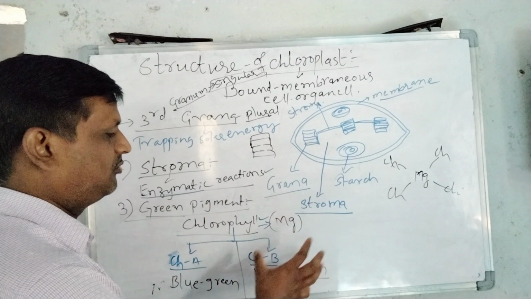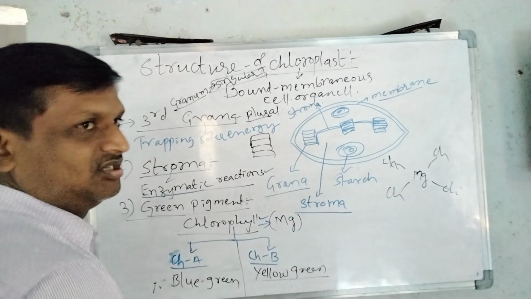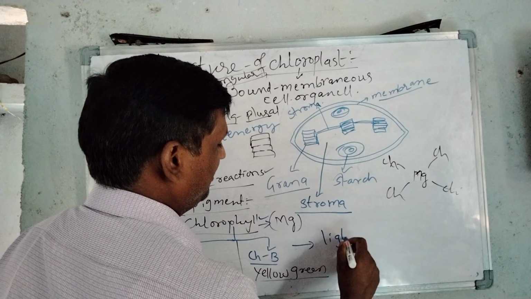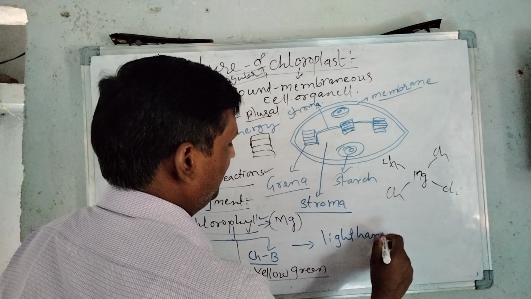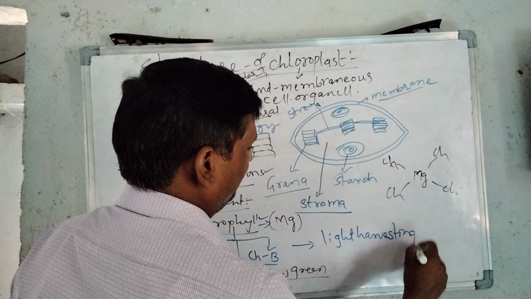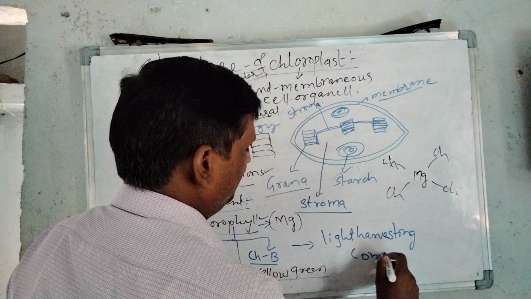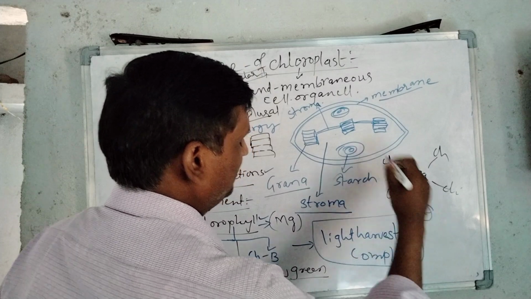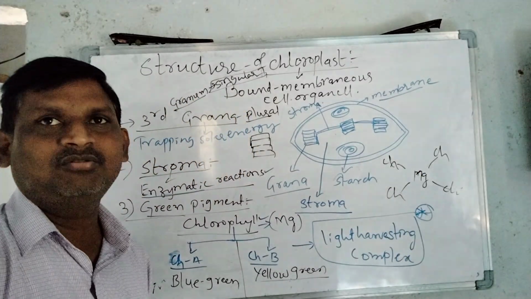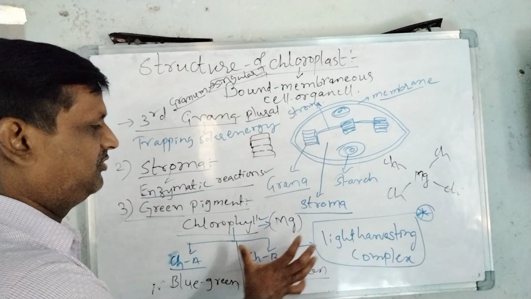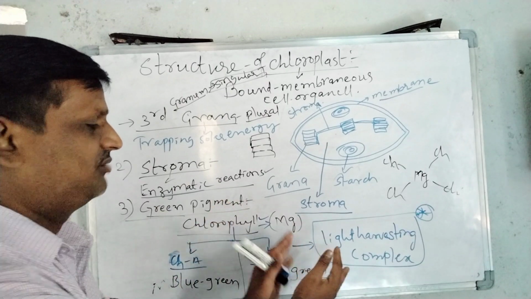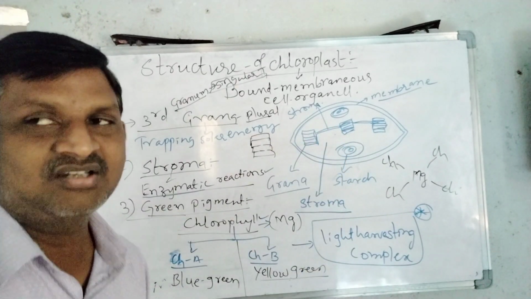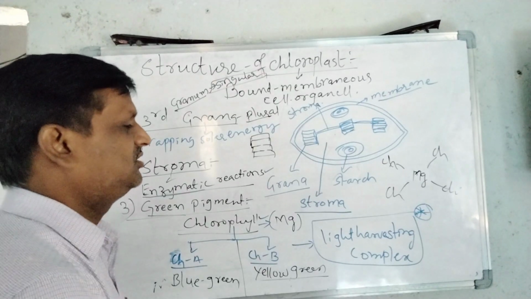All the chlorophyll molecules together form the light harvesting complex. Around 300 to 450 chlorophyll molecules together form a light harvesting complex in the grana. In this light harvesting complex, photosynthesis takes place.